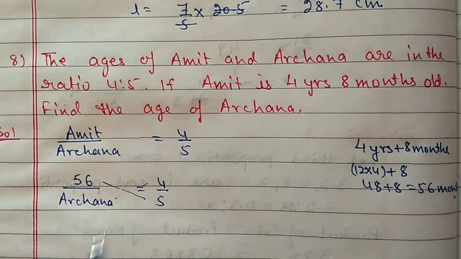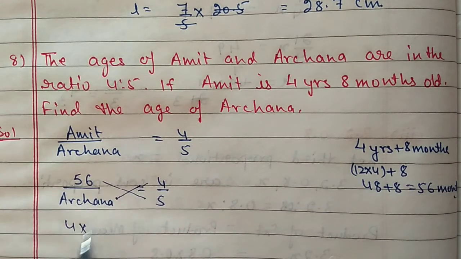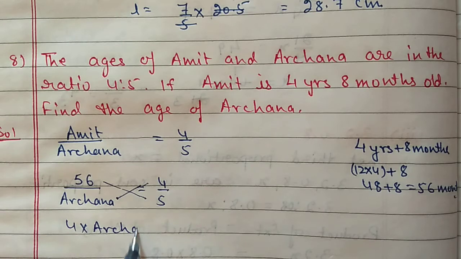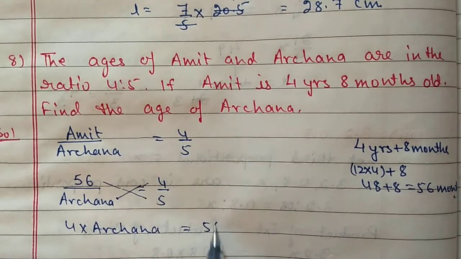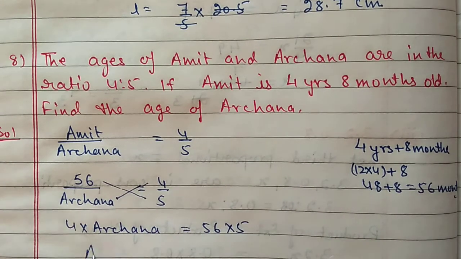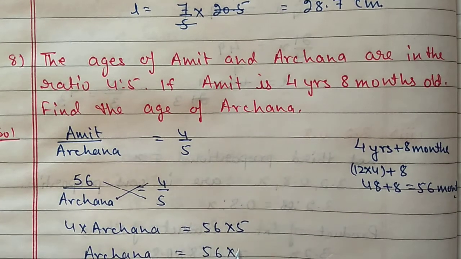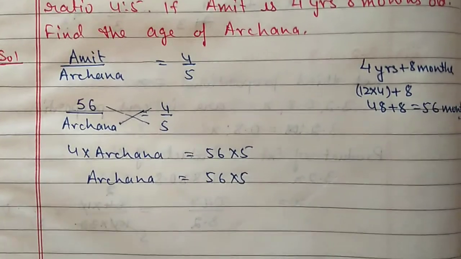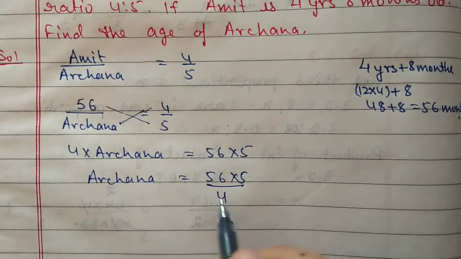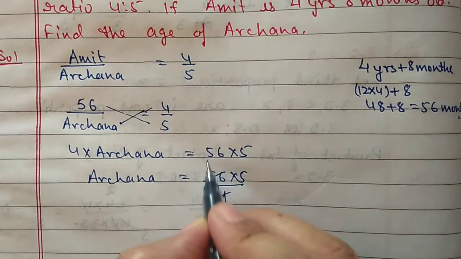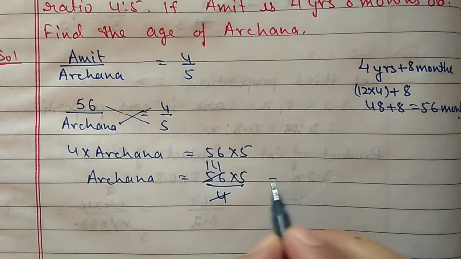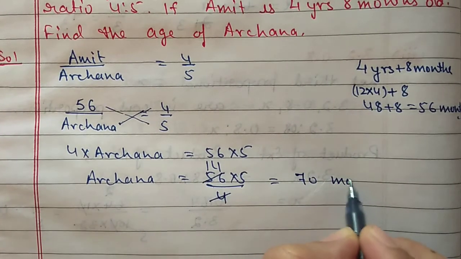So cross multiply, you will get 4 into Archana's age equal to 56 into 5, or Archana's age you can write as 56 into 5 divided by 4. Cancel with the 4 table, 4 1s are 4 and 4 4s are 16. 14 into 5, 70 months.